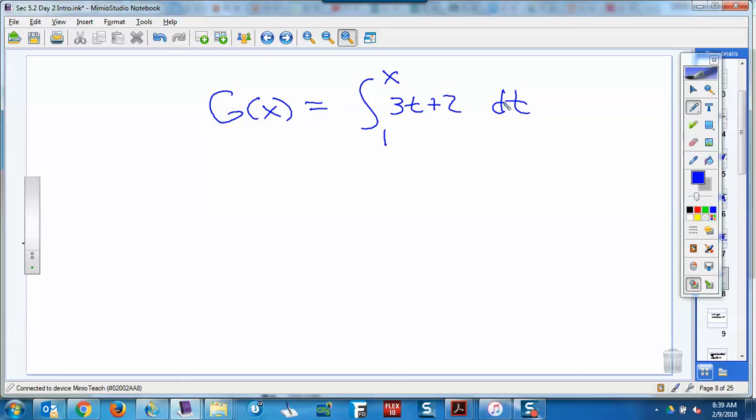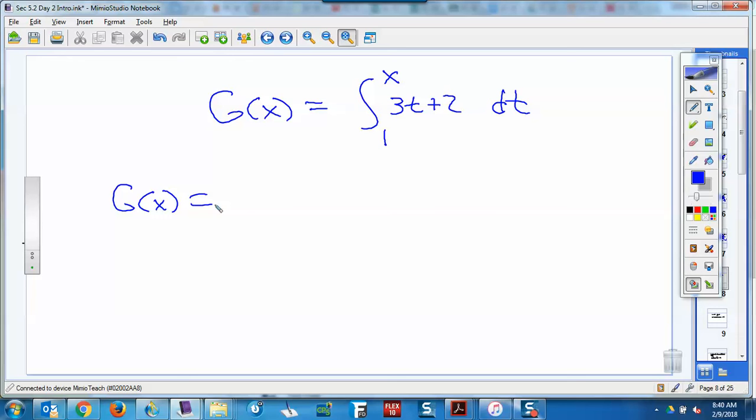So let's say I just give you that, which is what I gave you for this problem we just did, and I say, find a formula for big G of x. The long way of doing that is to draw a picture of little f, find the area from 1 to x, and there's your formula. I want you to be able to do that, number 29.